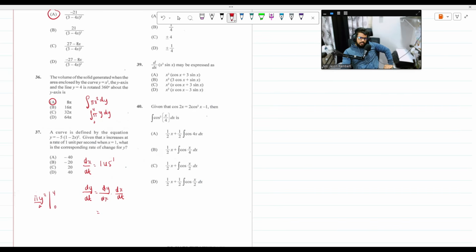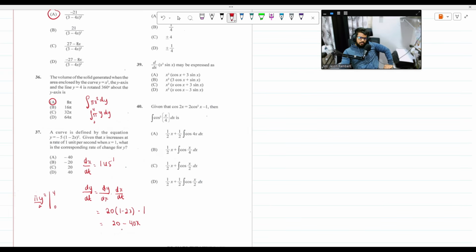dy dx is going to be minus 10 multiplied by minus 2 for the differential of the brackets, which is going to give me 20 into 1 minus 2x multiplied by 1. And we're going to get 20 take away 40x.